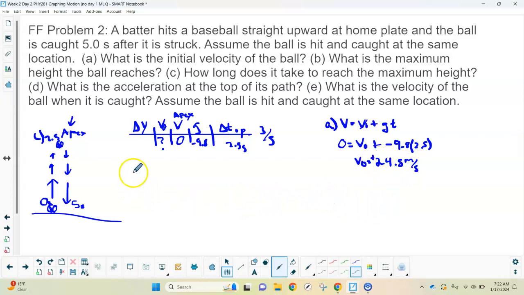So that's part A. Part B wants to know how far it travels upward, so we're looking for delta y. You can use any equation that has delta y in it at this point. So the one that I think is the easiest to use is this one with the half. So 1/2 (V0 plus V), that quantity times the time.